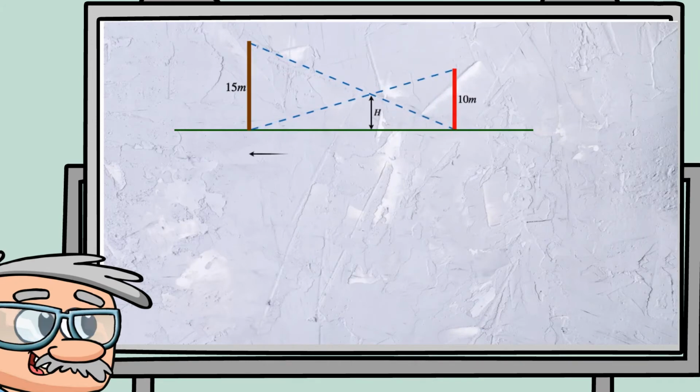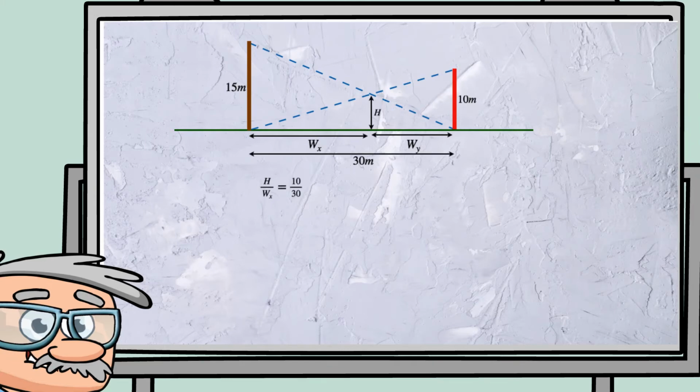Now we will move the small pole 10 meters to the right and repeat the process. This time, W equals 30 meters. The maths is slightly different, but the result is still the same. H equals 6 meters.